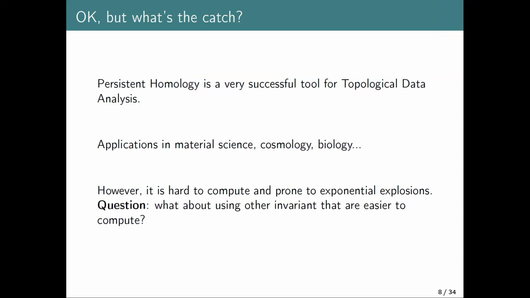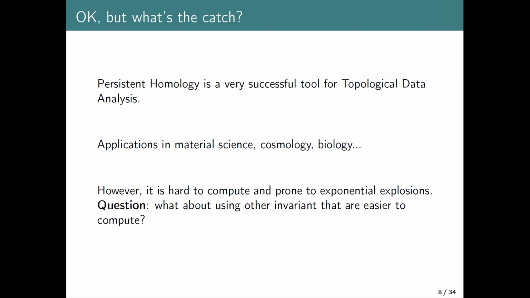The way you compute it is a version of the classic matrix reduction algorithm. That takes time n to the power 3, where n is the number of simplices that you have, and the number of simplices usually grows exponentially with the number of points. So that's kind of tricky.